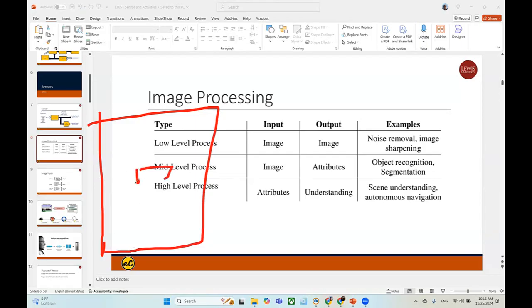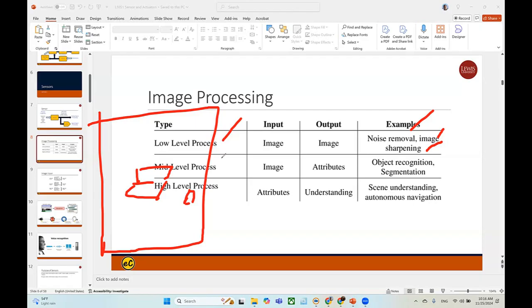You have a car, and nearby more cars, and those cars may be blurred. You cannot see much. So low level image processing means you remove the noise, remove the blur, remove the background darkness, whatever those kinds of things.